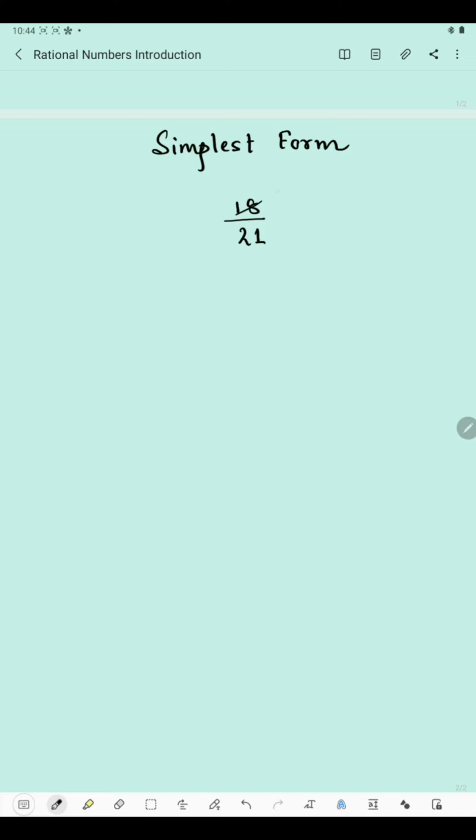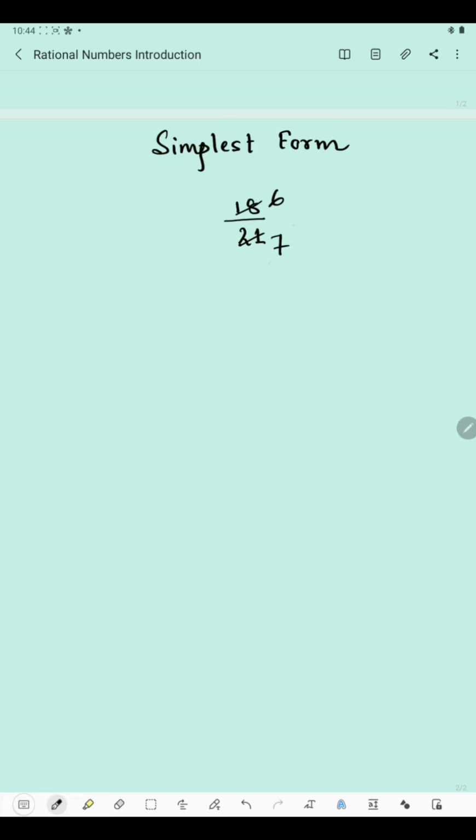Like 3 6s are 18, 3 7s are 21. Now 6 comes in 2's table as well as 3's table, but 7 comes in its own table. So we don't get any number by which we can cut the numerator and denominator both.